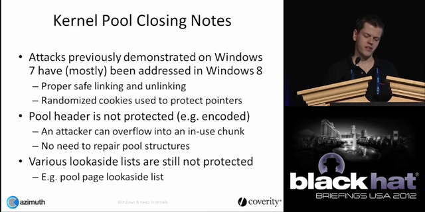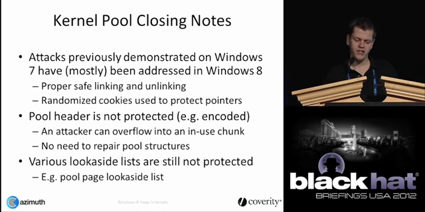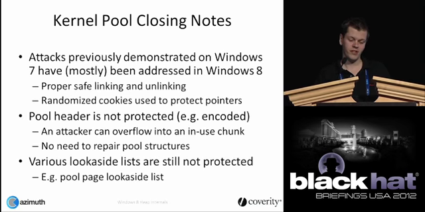And because of this, there's no real need to repair the pool structures, et cetera. Some Lookaside lists are still not protected. The pool page Lookaside list was not protected in the release preview, but I suspect it's protected now. But still, there are these other Lookaside lists that Windows uses for specific things that still are not protected.